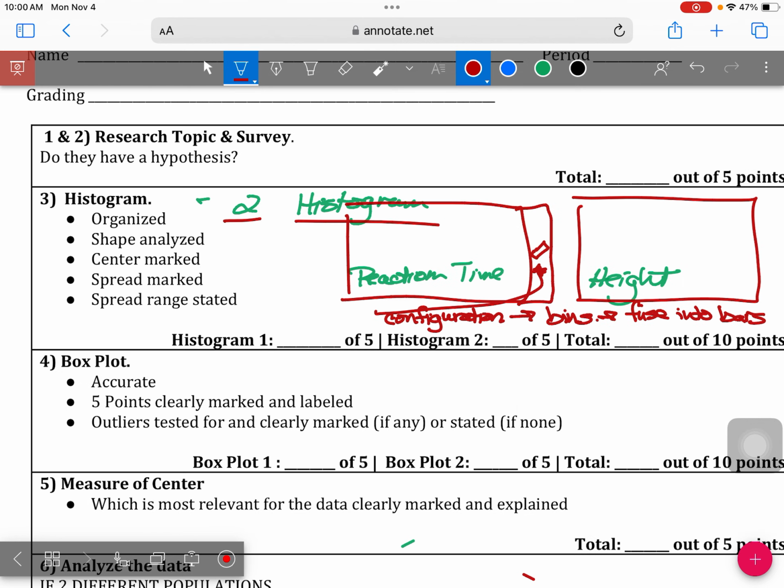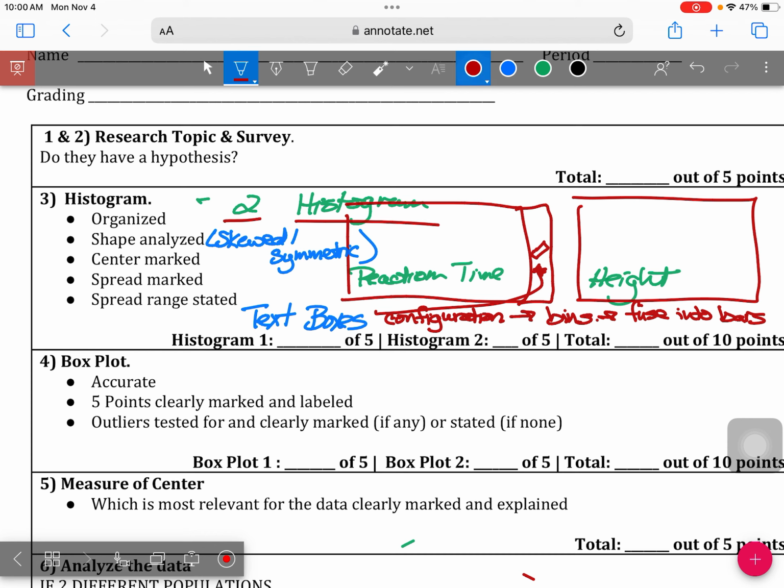Shape analyzed, okay? I am talking, are they skewed or are they symmetrical? So you have to talk about that. So besides having histograms here, you're probably going to have text boxes also. And you might have a text box for each histogram.